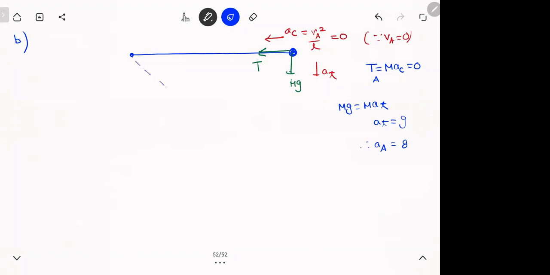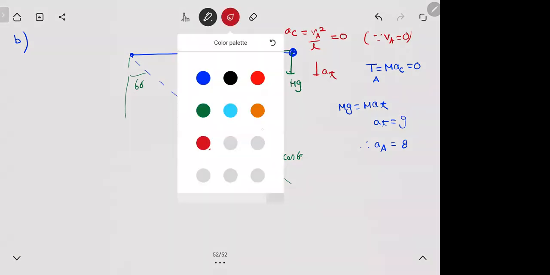Next thing. If you look at this position B, I just exaggerated the figure a little. So what are the forces? Tension, mg. There are only two forces acting. Now, if you see this angle was 60, so this was 60. So the components will be mg cos 60, mg sin 60.